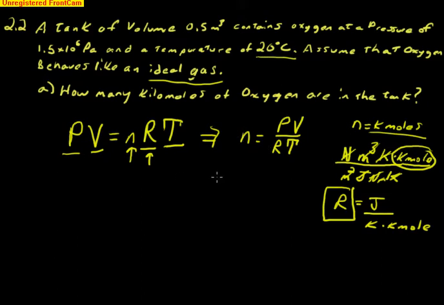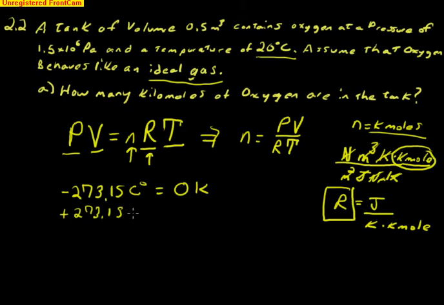So we have to figure out how to get Celsius into Kelvin. Well, we know a few things about this, right? We know that at negative 273.15 Celsius, we happen to know that equals absolute zero, 0 Kelvin.